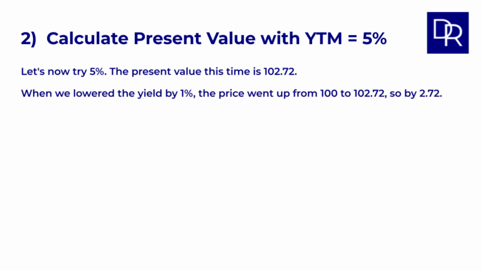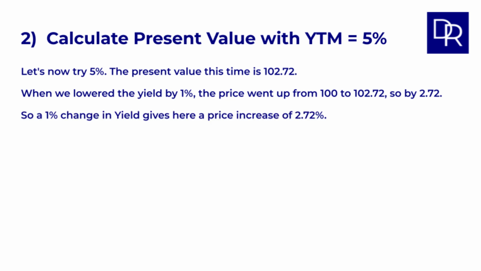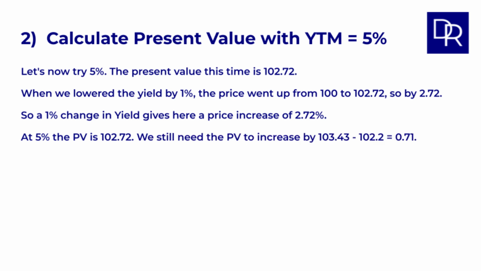When we lowered the yield by 1%, from 6 to 5%, the price went up from 100 to 102.72, so by 2.72. So, a 1% change in yield gives here a price increase of 2.72%. We saw that at a yield of 5%, the PV is 102.72, so we still need the present value to increase by 0.71.